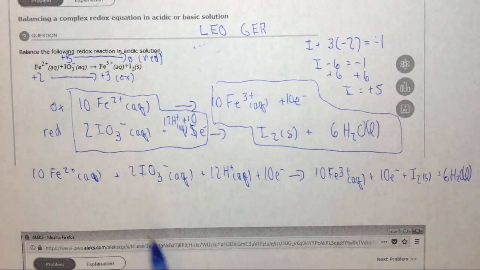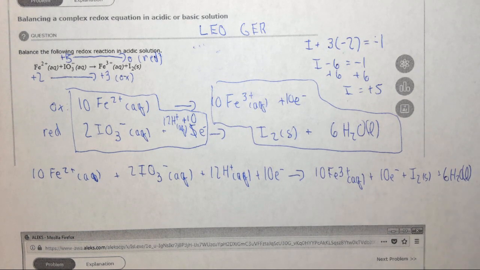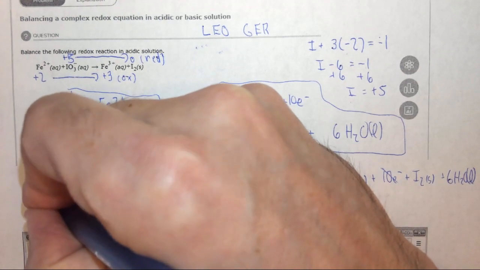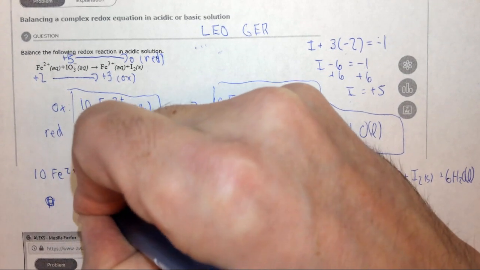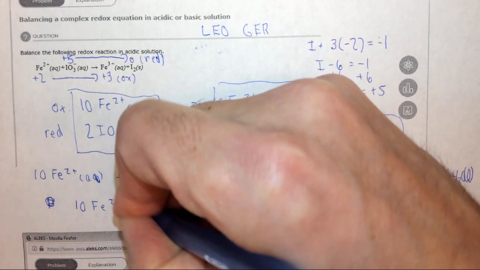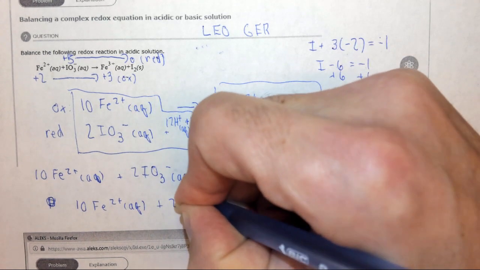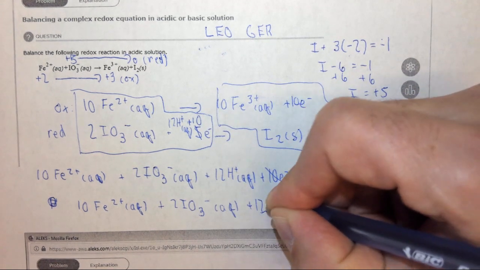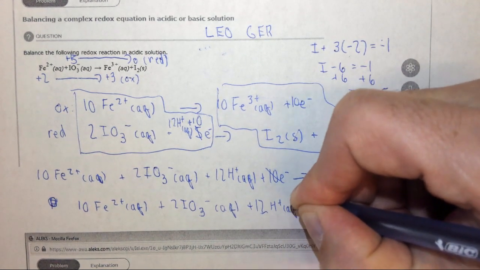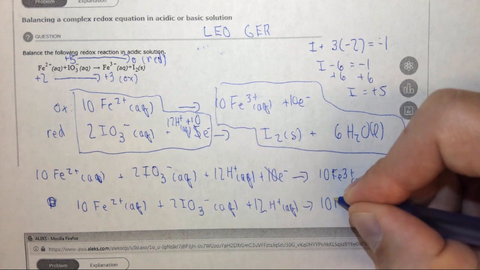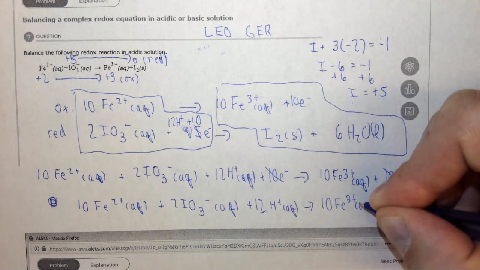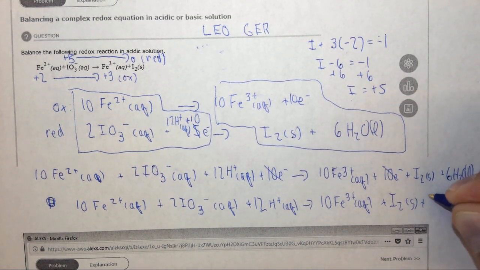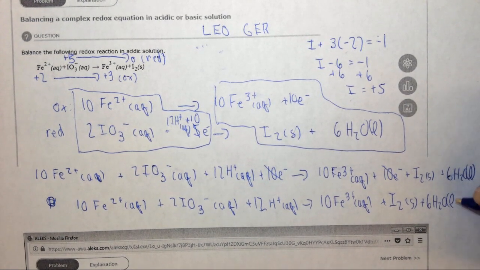So I basically just wrote everything out. Now I notice there's 10 electrons on both sides, and in this case that's the only thing that cancels, so we cancel those out, and then we rewrite it: 10 Fe2+ aqueous plus 2 IO3- aqueous plus 12 H+ aqueous yields 10 Fe3+ aqueous plus I2 solid plus 6 H2O liquid.